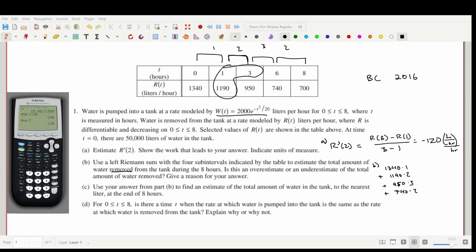Okay, and then let's see what that ends up being on my calculator. All right, so you have 1340 times 1 plus 1190 times 2 plus 950 times 3 plus 740 times 2. 8050.